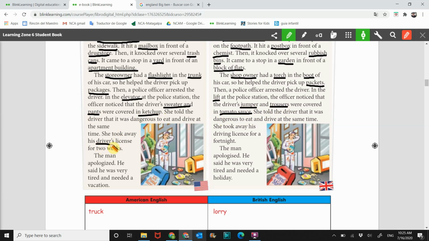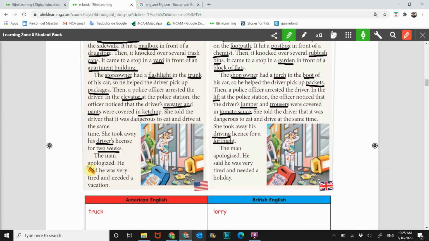So we say driver's license, they say driving license. And then 2 weeks, they say fortnight. A fortnight is 2 weeks. A fortnight is 14 days. 14, that's why it's called fortnight.